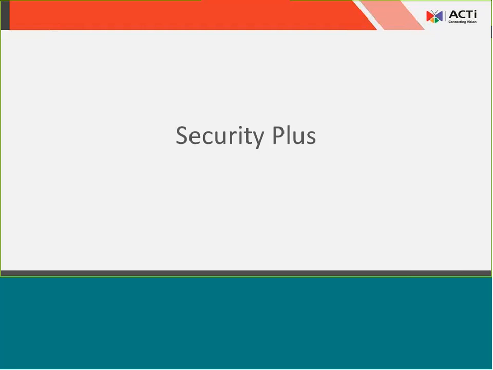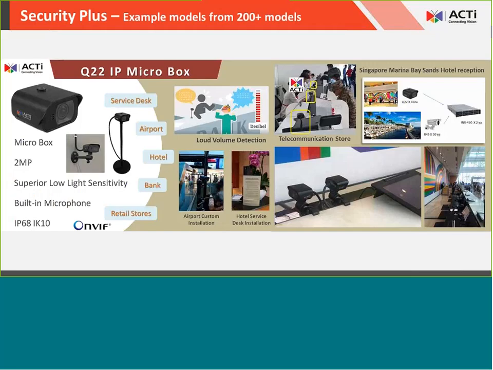For the security part, we still have some location-adaptive cameras. For example, this one is the Q22. I'm sure that you are aware of that one. I just want to share with you some case references of where the cameras are installed. For example, the most famous one is in Singapore, a hotel called Marina Bay Sands, one of the most luxurious hotels in Southeast Asia.